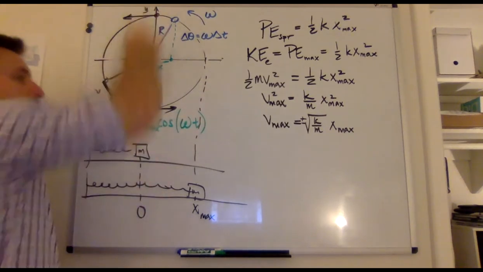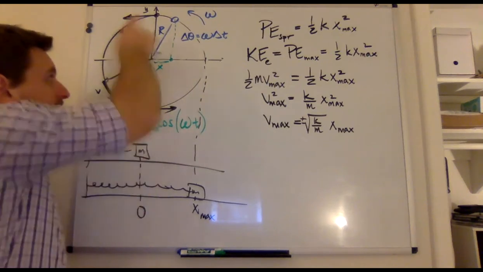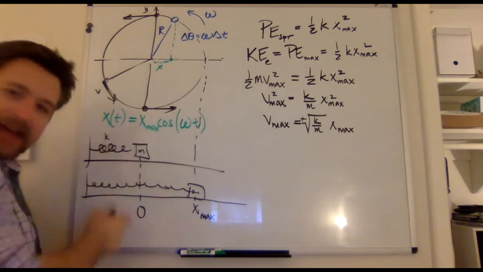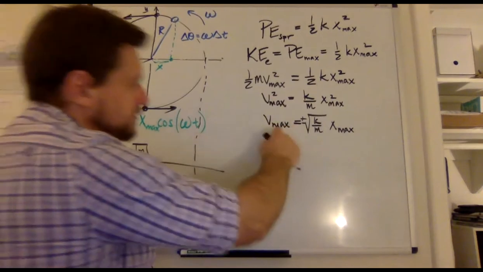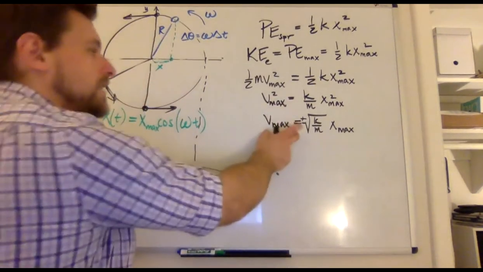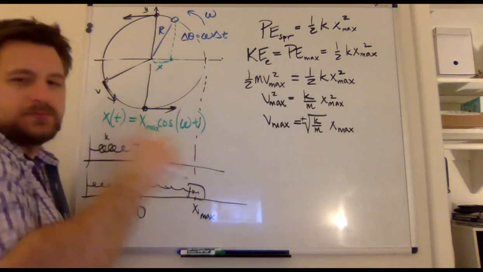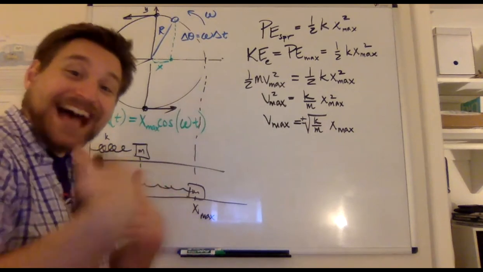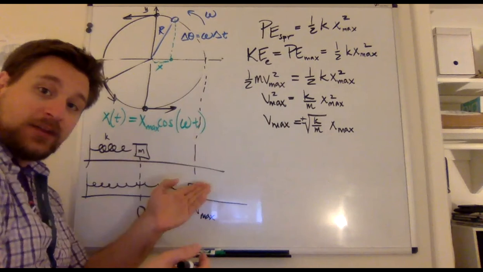Now, those are both the cases when the position of that object is at equilibrium, which is this position that we're talking about. So v max, in other words, the moment when the velocity of this imaginary rotating thing is entirely in the x direction, the direction that we actually care about.